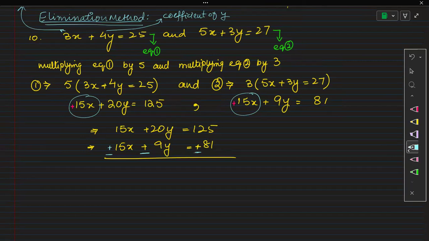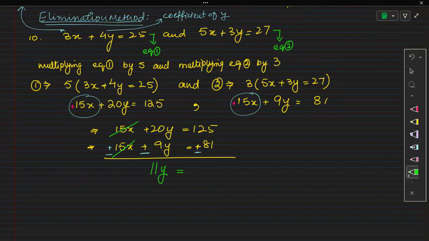Now you can see that 15x is positive and 15x is negative, so they are going to cancel out. Similarly, 20y and 9y is written with a negative sign, so 20 minus 9 is going to be 11y. And what should be the answer when you subtract 81 from 125? What will you get? 44. 34?